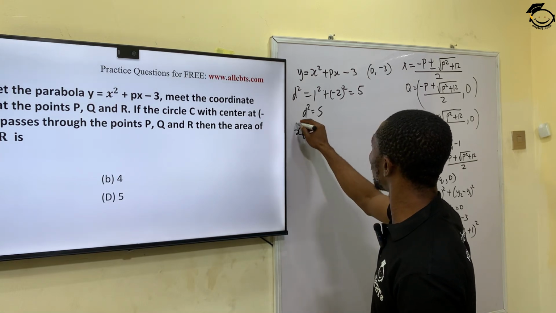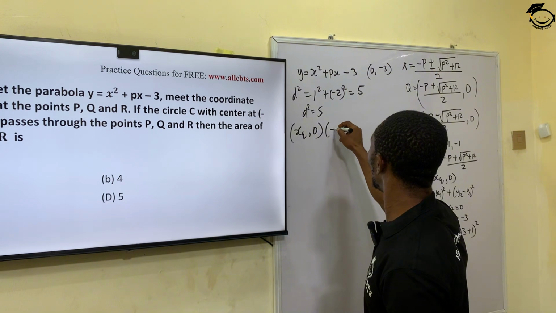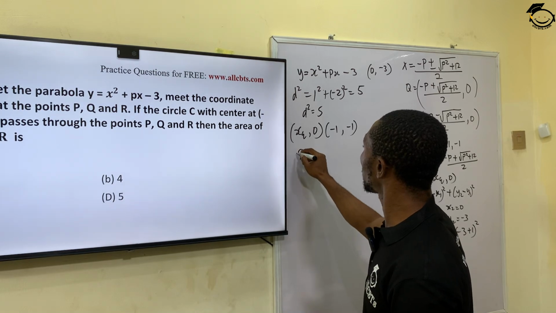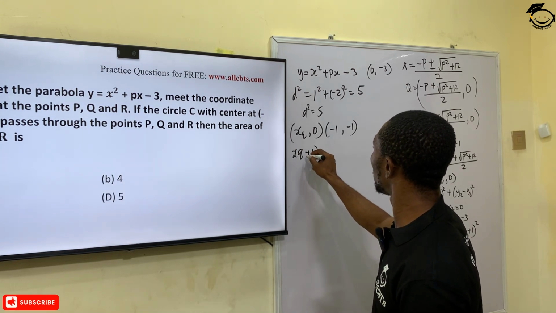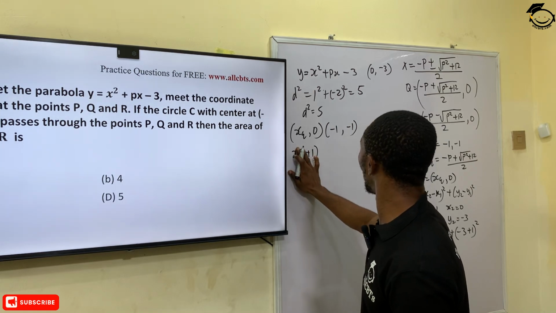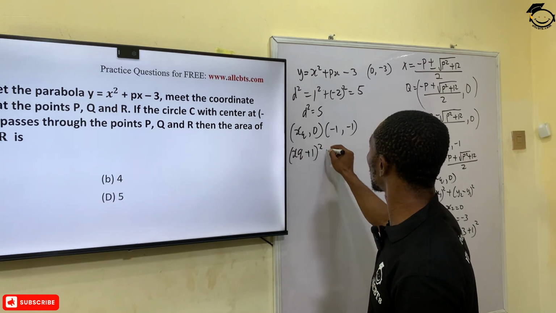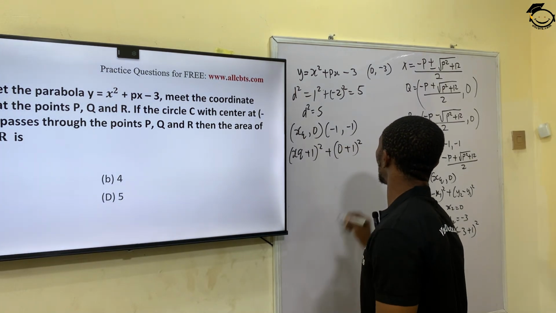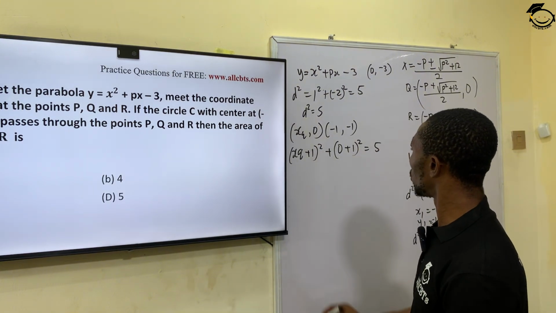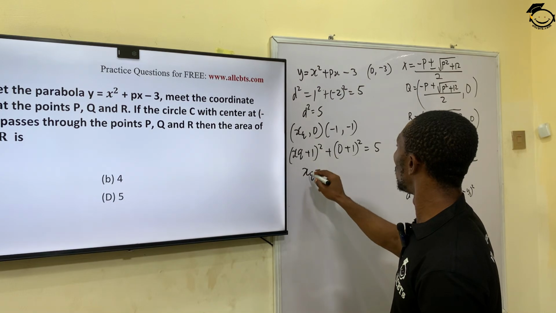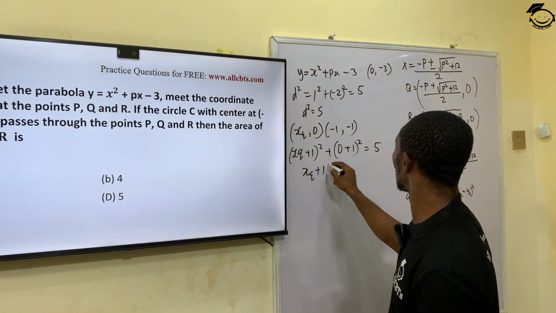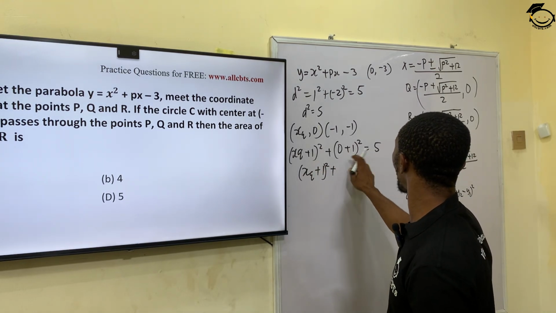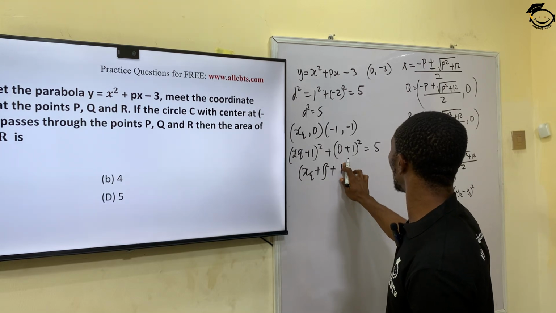So now, going into this, we have our s cube and 0, which is for Q, and we have minus 1 and minus 1, which is our center. So from here, we have s cube plus 1 all squared plus 0 plus 1 all squared equals 5. So this becomes s cube plus 1 all squared plus 1 squared, 1, equals 5.